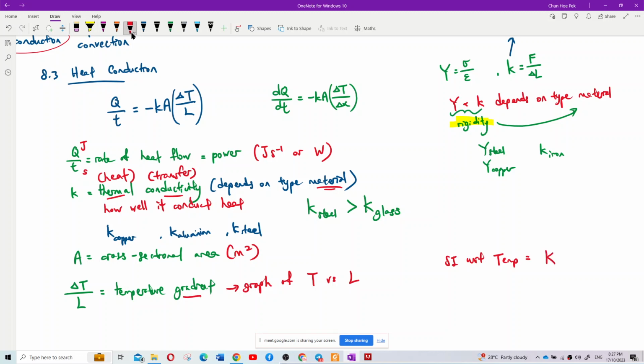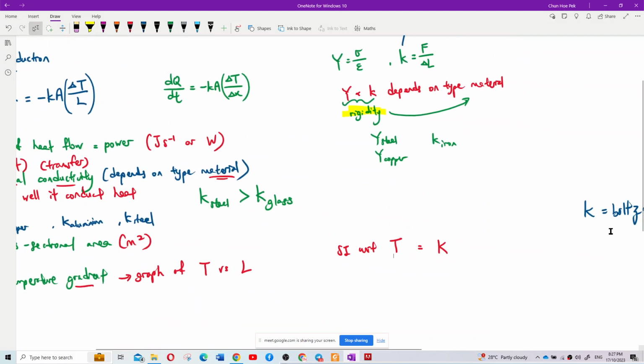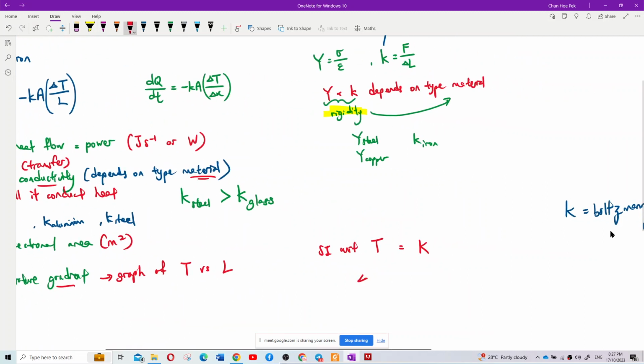Yes, Kelvin. But this is the change of temperature. If SI unit for temperature is Kelvin, but talking about change of temperature, it can be Kelvin or degree Celsius.